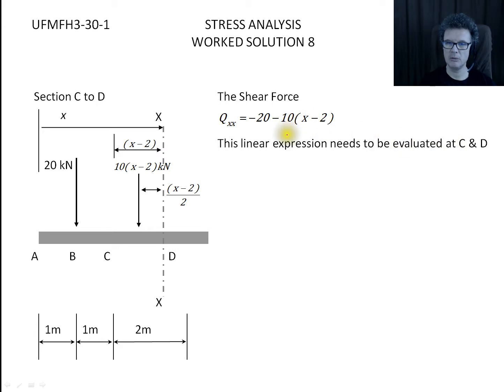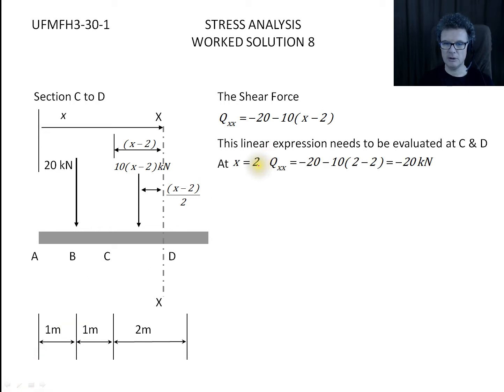So this time I can't get away with the fact that I know what Q is throughout the range, because Q is now going to be a variable of x. So I need to put in where x equals the start position of C, and when x equals the end position at D. So I need to put in those two values to find how Q varies.